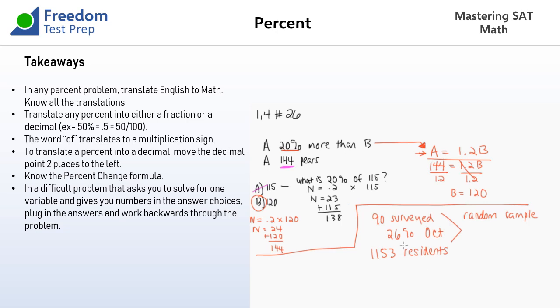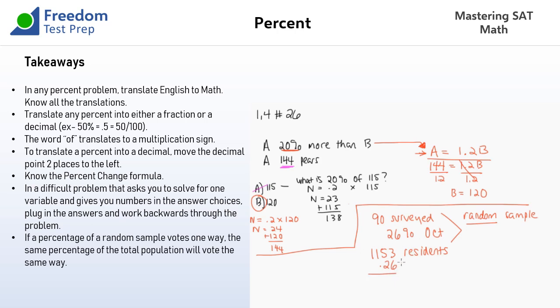Once you know it's a random sample, that means you can pretty much rely on those results, which means that since 26% of the people surveyed said October, 26% of the total number of residents would feel the same way. So we can just do that.